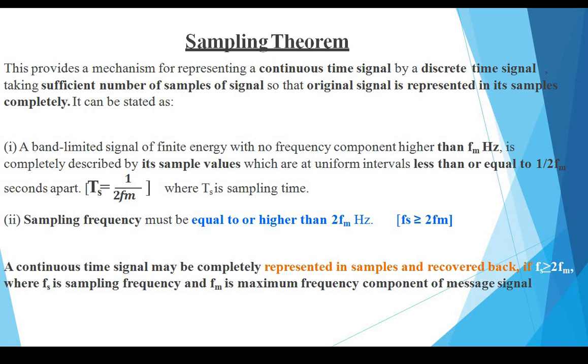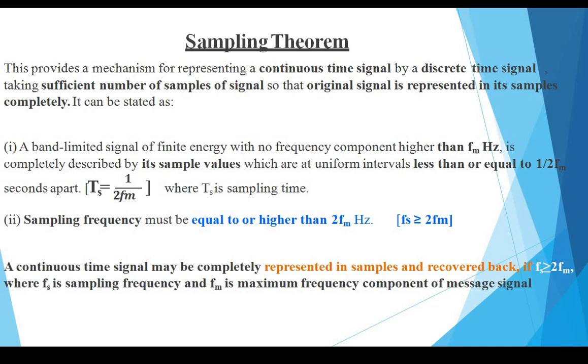If it is greater than 2 FM, where FM is the maximum frequency, then you will get your original message signal back, and it can be easily obtained at your receiver side. This was the condition. One is greater than 2 FM, one was equal to 2 FM. If Fs is equal to 2 FM also, you will get your original message signal without any errors.